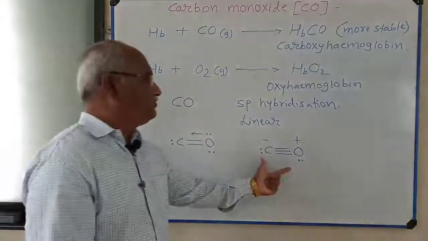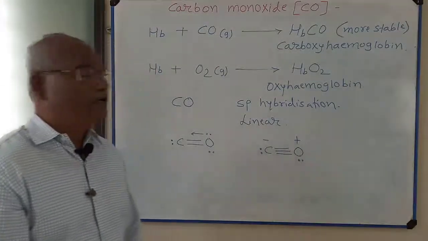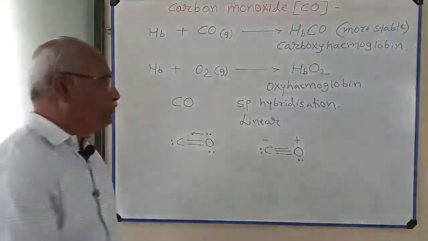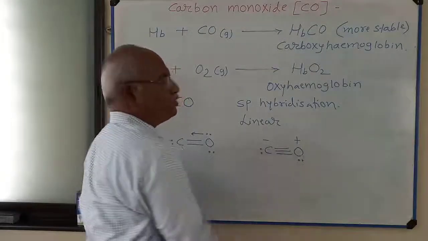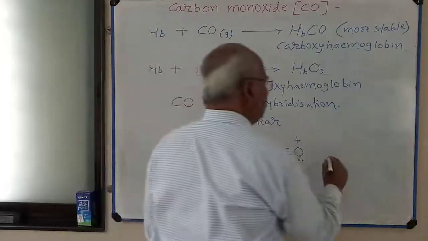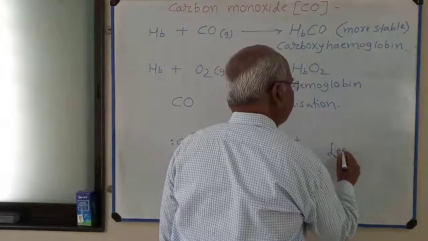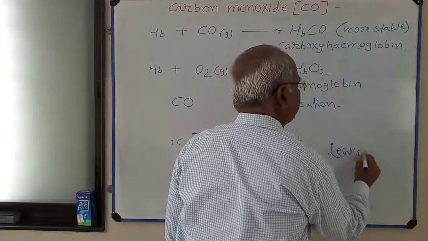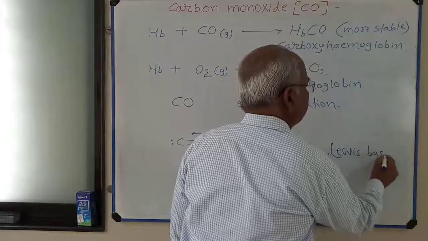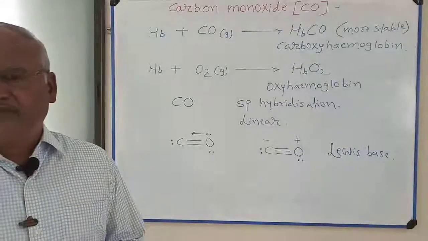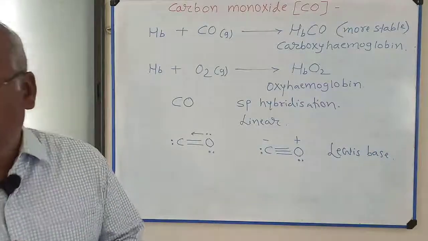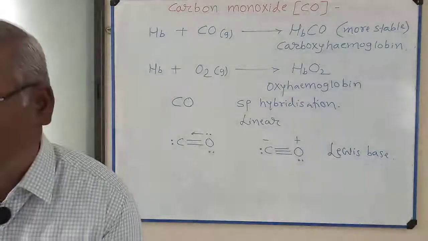So this is the structure of carbon monoxide. Due to the presence of a lone pair of electrons, carbon monoxide acts as a Lewis base. So this is about the structure of carbon monoxide.